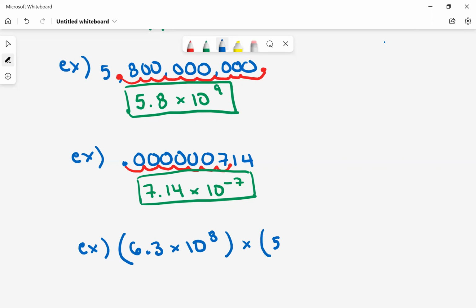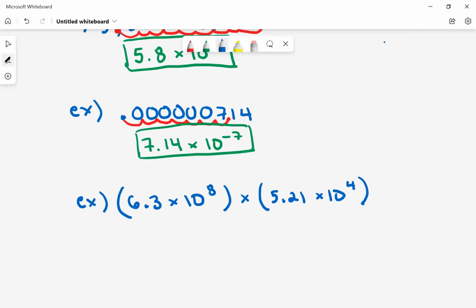And if I want to multiply them in scientific notation, what's really nifty is I basically just have to multiply the corresponding pieces. In other words, I'm going to multiply the decimals, 6.3 times 5.21. So that's 32.823. That's multiplying the two numbers.